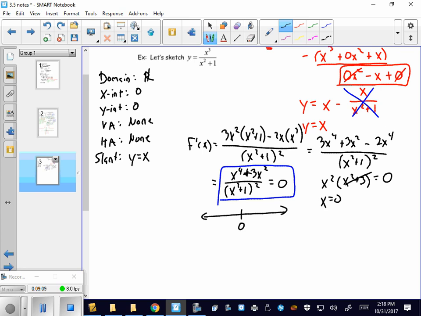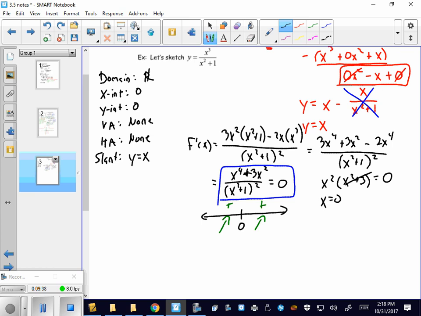The denominator is something plus 1 squared, which is going to be another positive value. So it really doesn't make any difference what I plug in. The entire thing is increasing. Okay, that's kind of interesting in itself. All right, which tells me that there's no local max, no local min.